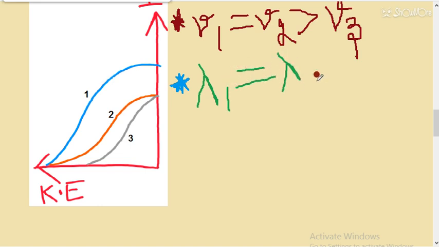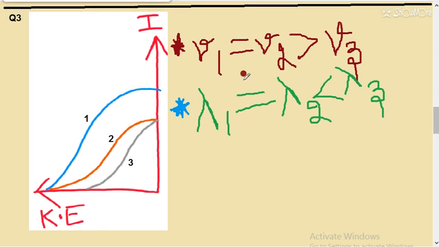Now the frequency relation was greater, so in lambda 2's case lambda 2 should be less than lambda 3. So in the case of lambda, the relation signs will be opposite when we have to find the relation for lambda. So I think this is clear. Frequency for the third question: frequency of first radiation is equal to frequency of second radiation, greater than the frequency of third radiation. Then lambda 1 is equal to lambda 2, lambda 2 is less than lambda 3. I hope this is clear.